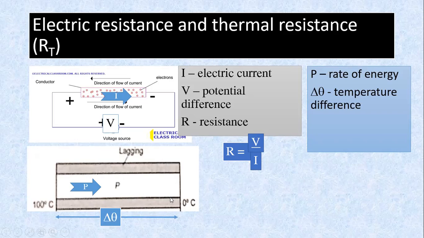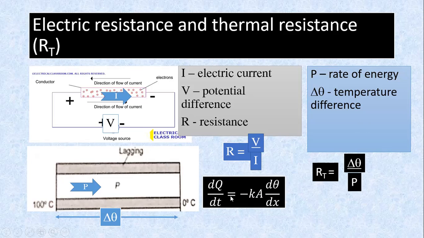Length is still the same. So we define our thermal resistance. Thermal resistance, RT, is delta theta over P.